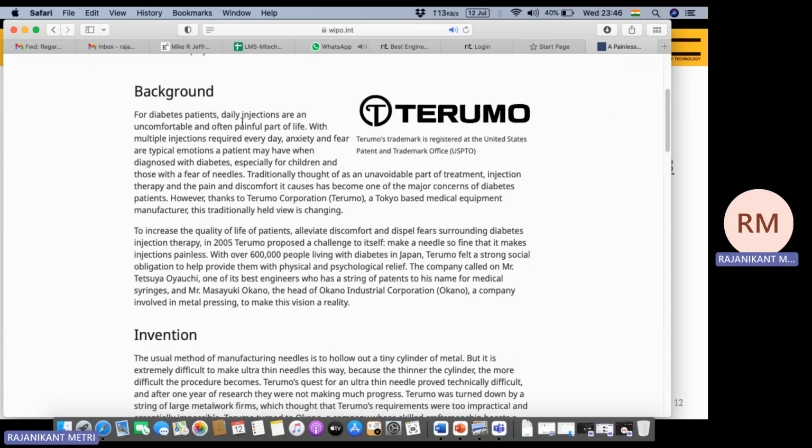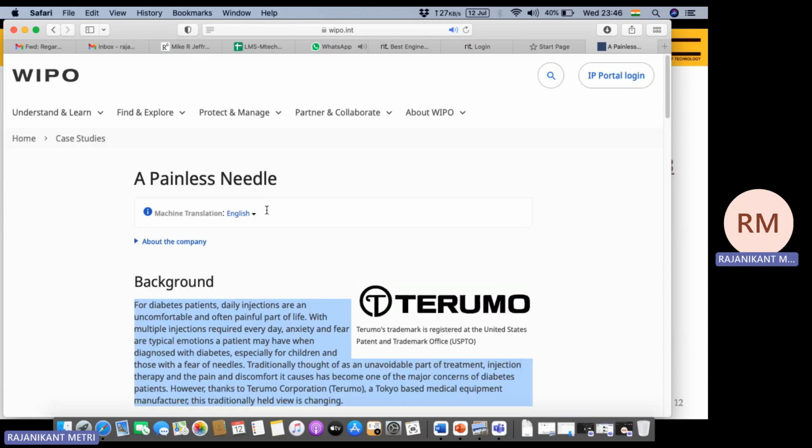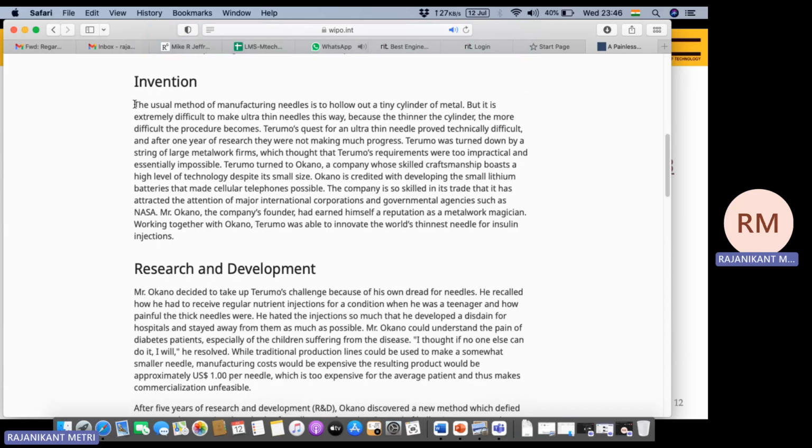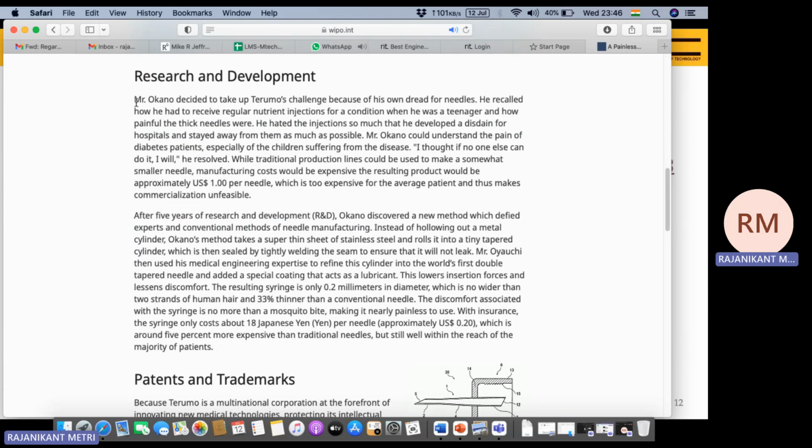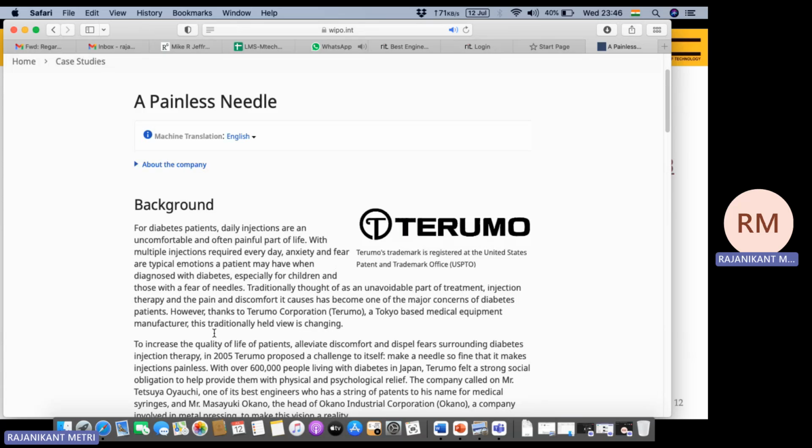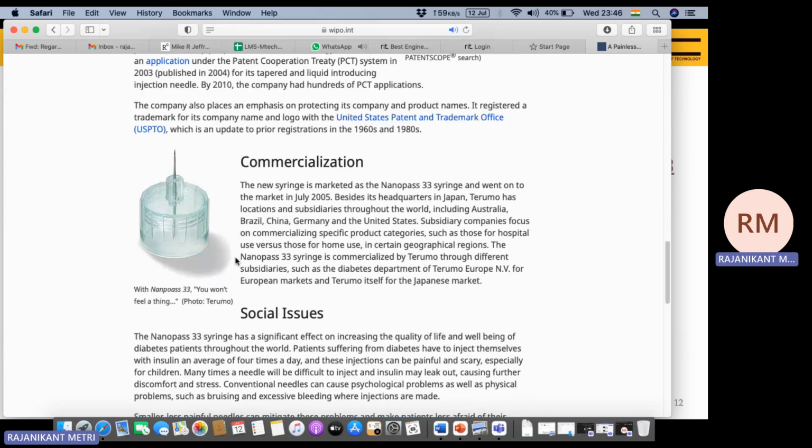For diabetes patients, daily injections are an uncomfortable and often painful part of life. With multiple injections required every day, anxiety and fear are typical emotions a patient may have when diagnosed with diabetes. So this is the background about this invention and what they have done. The invention is given, and the research and development carried out to develop this painless needle is given here.